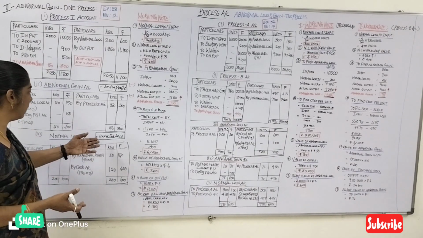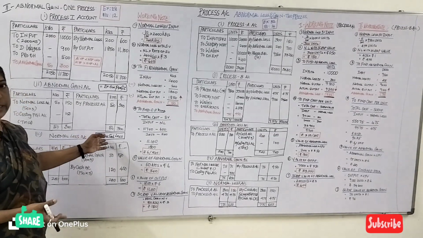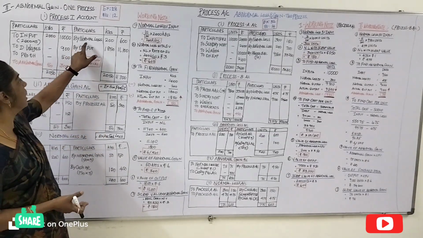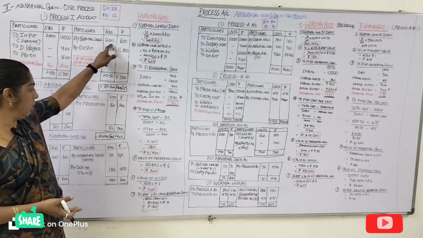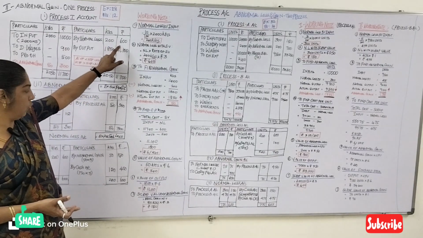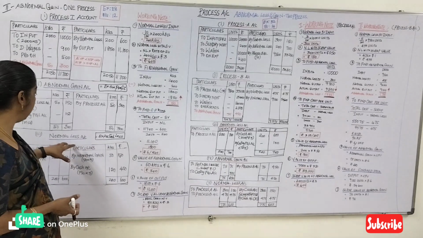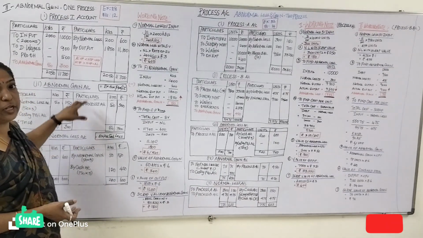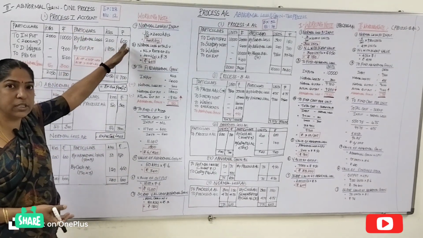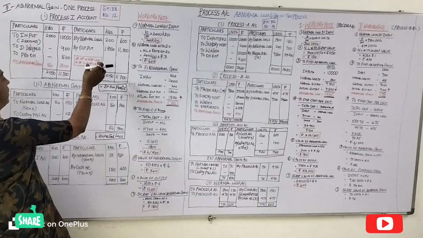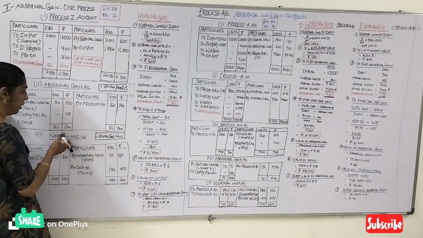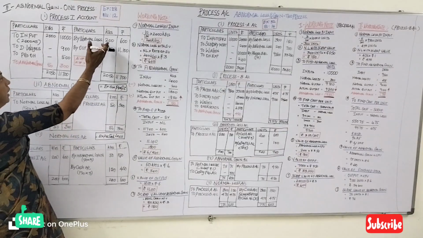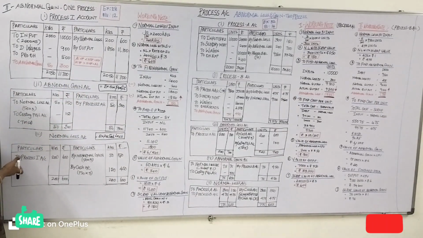So normal loss means expected loss. How much normal loss? The expected loss is 200 kgs, 600 rupees. Where does it appear? It appears on the creditor side of the process account. So when you prepare the normal loss account, you enter it in the opposite direction.